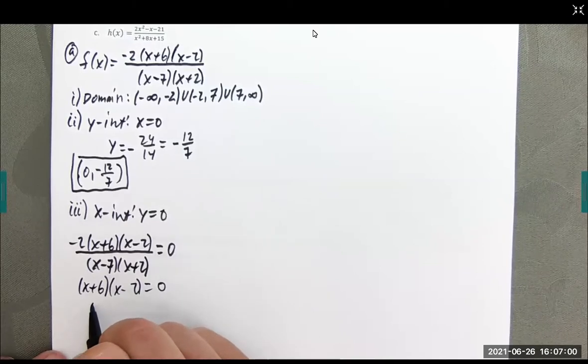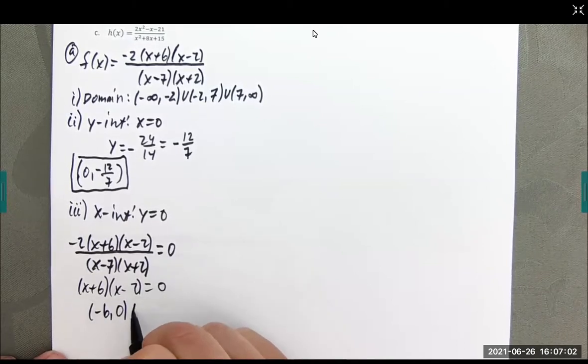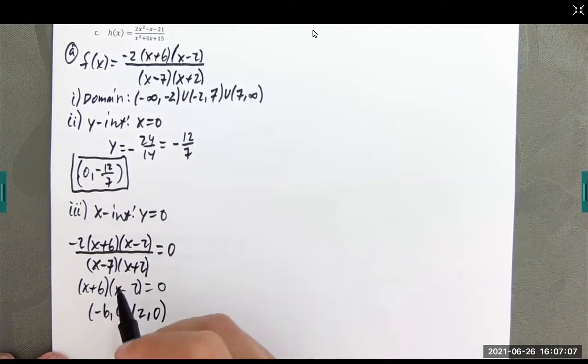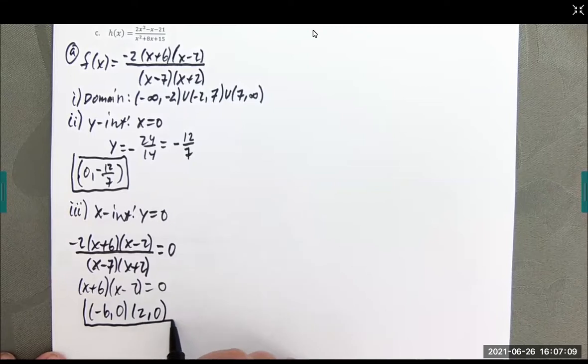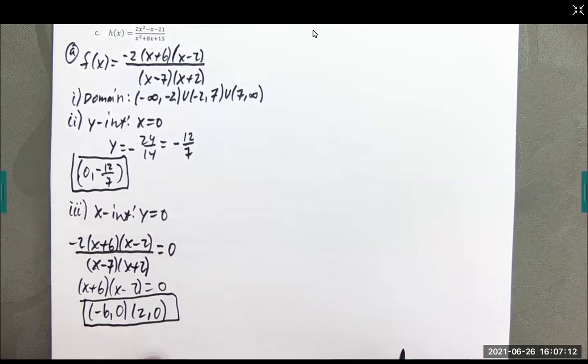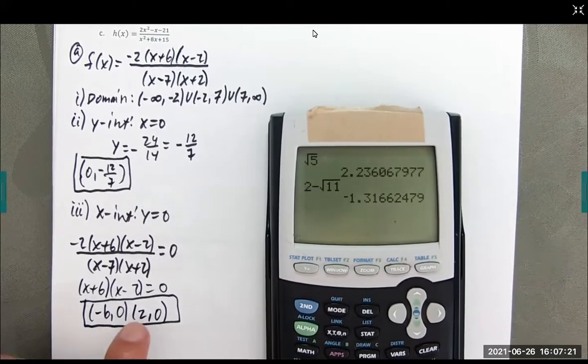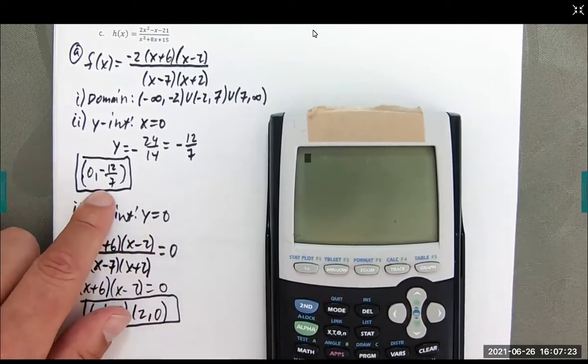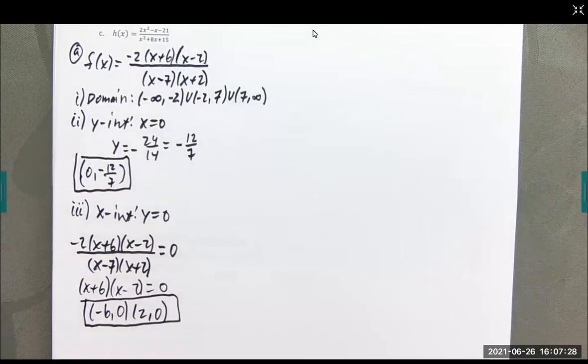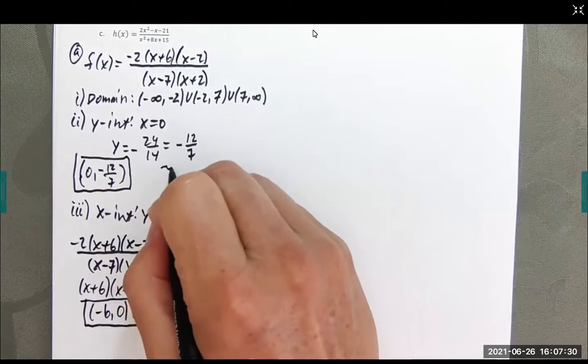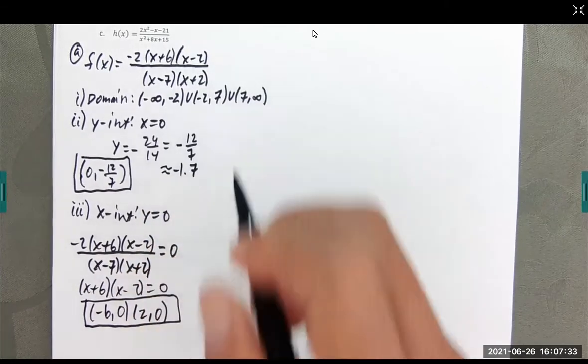It looks like our x-intercepts are going to be negative 6, 0, and positive 2, 0. Now, these are all points on the graph, so that's going to be helpful. And in fact, for the y-intercept, 12 divided by 7 would be 1.7. So this is about negative 1.7, just to keep that in mind.